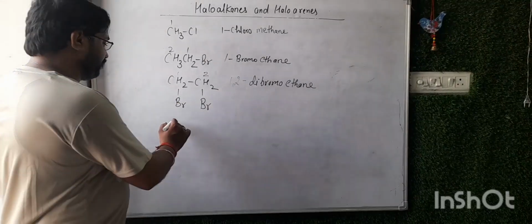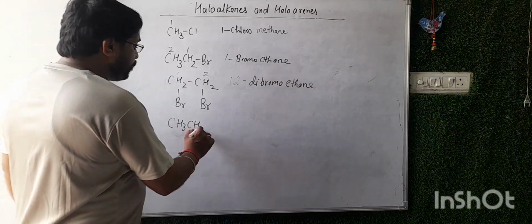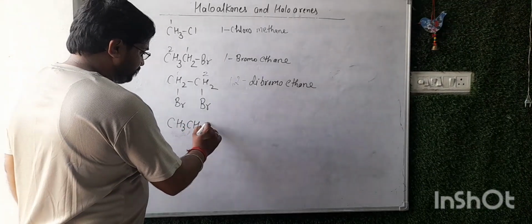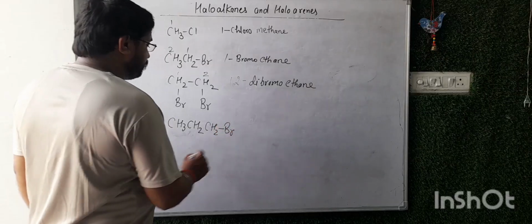Now again, CH3, CH2, CH2 and again a bromine.